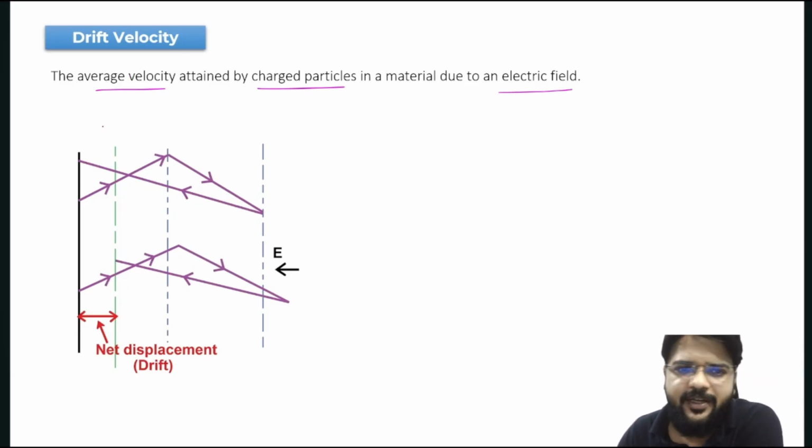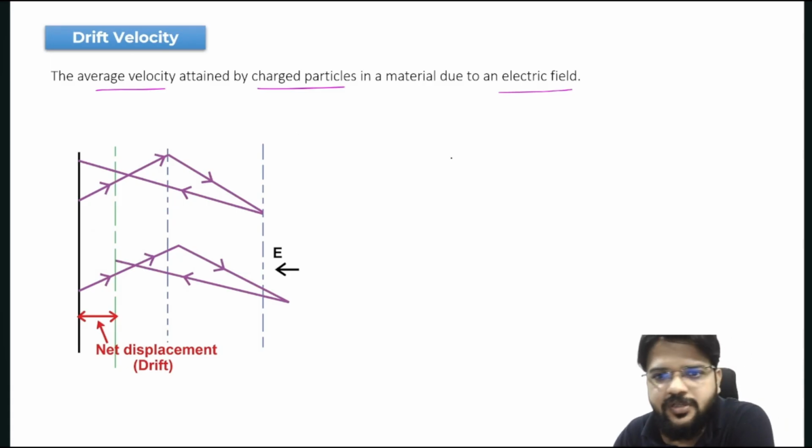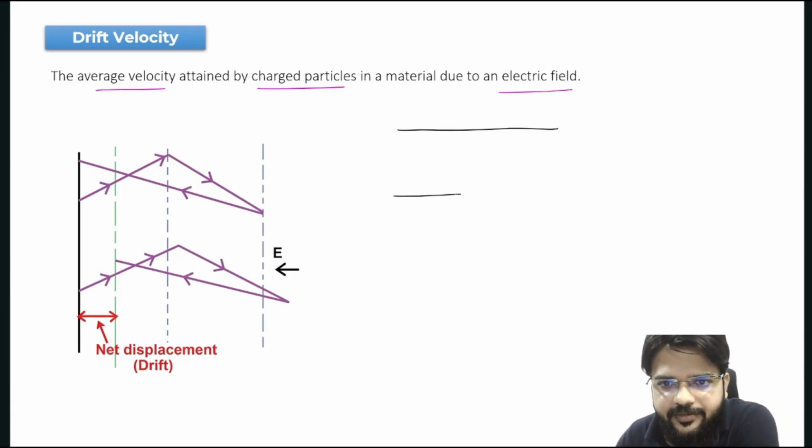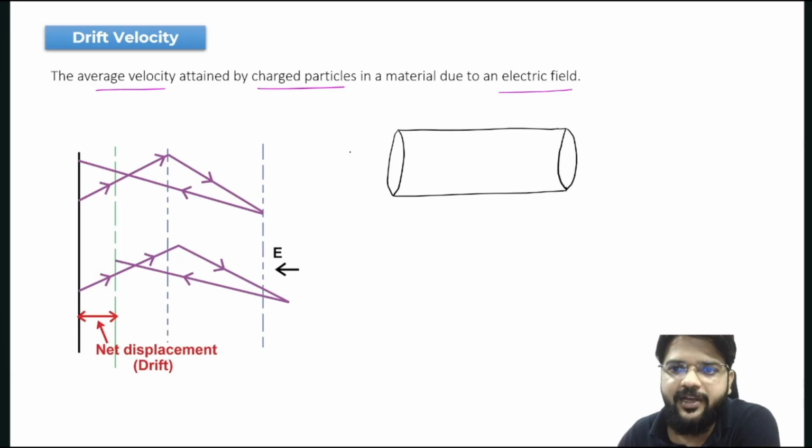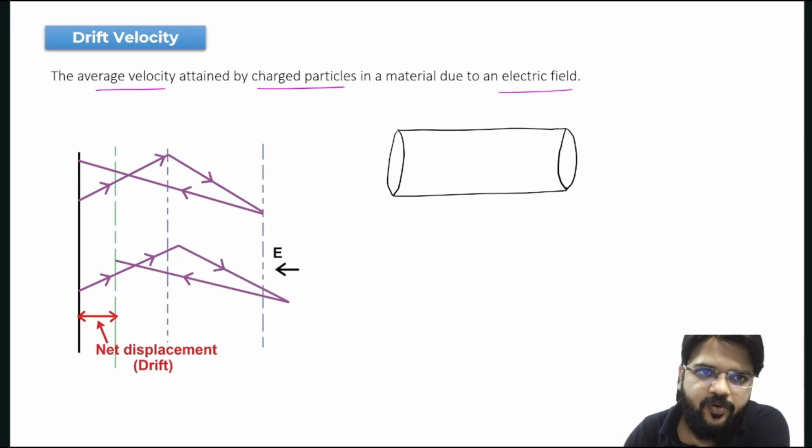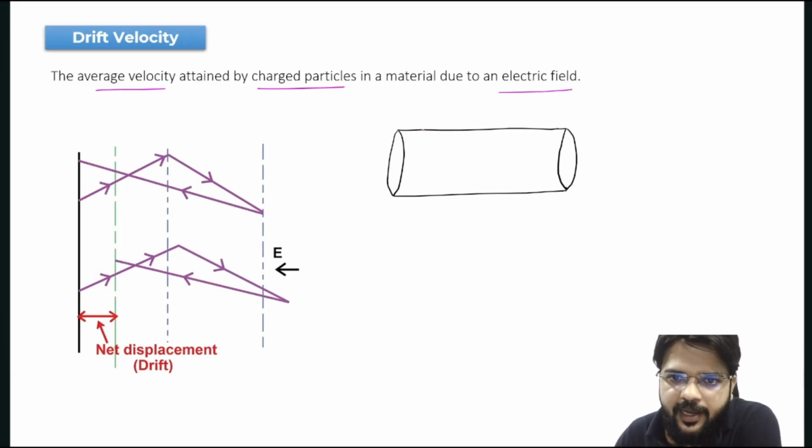So let's see what is happening in the wire. Let's suppose here we have one conductor. This is the conductor, everyone. And right now it is not connected with the battery. So if it is not connected with the battery, definitely inside the wire the electric field is not present. And inside this conductor we also have some free electrons.